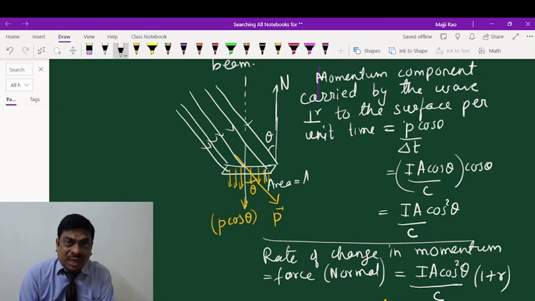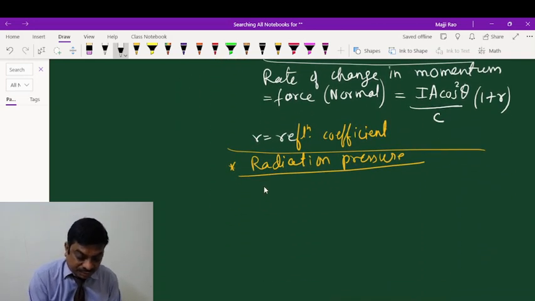Since photons carry momentum, there is a change in momentum while they strike the surface. That change in momentum is imparted to the surface, and hence the surface experiences a force. So this normal force per unit area is the radiation pressure. So radiation pressure is the normal force per unit area.